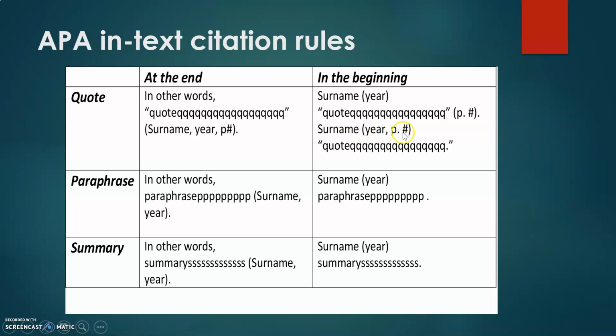That is also acceptable. If your citation ends with a quotation, you need to leave the punctuation mark inside the quotation. The rule is the same with a paraphrase and summary. As you see, the only difference is you're not giving page numbers unless your instructor requires otherwise. So this is a simple rule to remember.